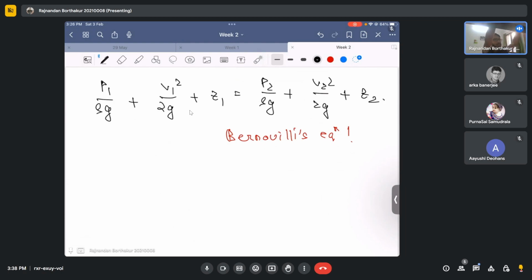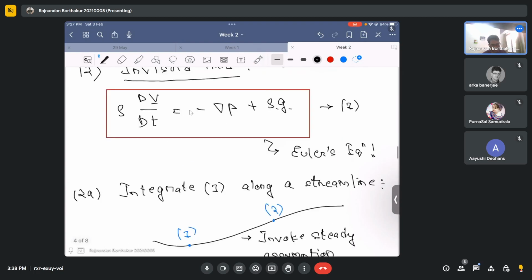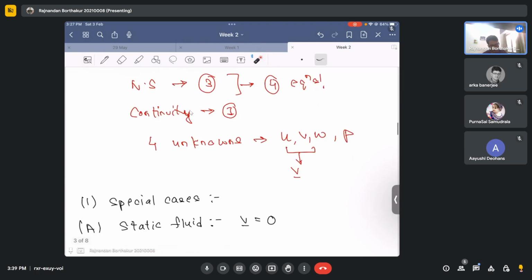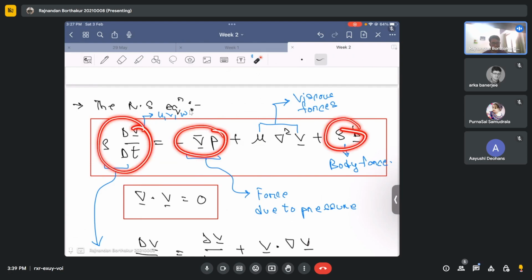So these are three special cases, as you have seen. First, the law of hydrostatics. Second, the Euler's equation. So I will recapitulate what we saw. Imposing V equal to 0 in the NS equation gives us the law of hydrostatics, which says that there is a balance between the pressure gradient and the body force. Imposing the fact that mu is equal to 0, the implicit assumption, gives us the Euler equation, which again says that the pressure gradient and the body force are balanced by the inertia forces.